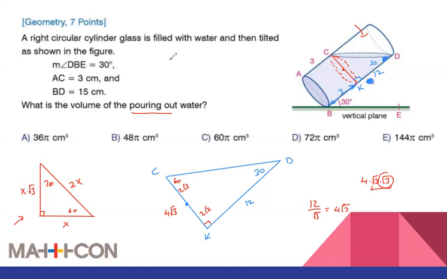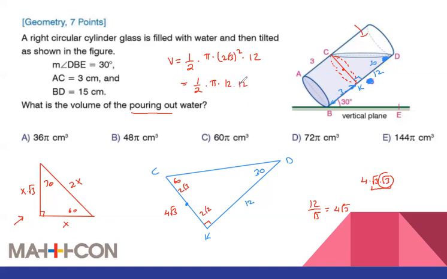The volume we are looking for is 1/2, because this part is just half of the cylinder, times the base area, a circle, so pi times radius squared, where the radius is 2√3, times the height, which is 12. Squaring 2√3 means 2 squared times √3 squared, which is 4 times 3, which is 12.